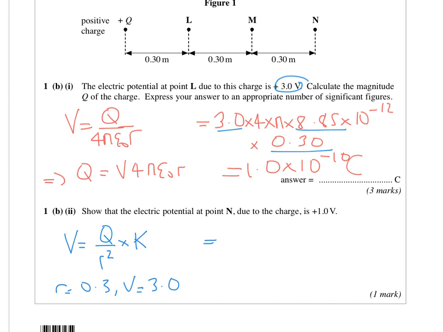So if R is now 0.9, that's multiplied by 3, so V would be divided by 3, so it would be 1.0 volts. So essentially the new potential is going to be the old potential divided by 3, because we essentially tripled the radius here.